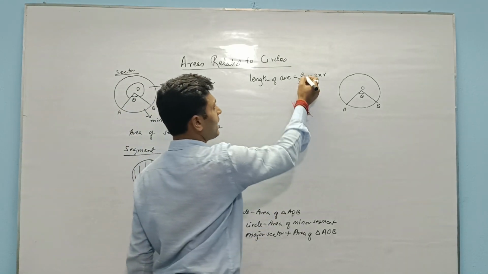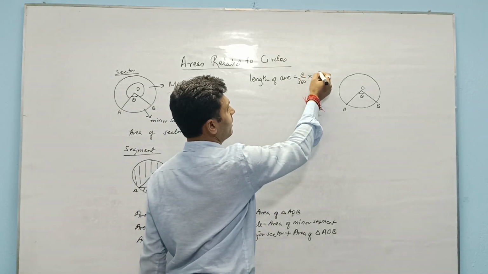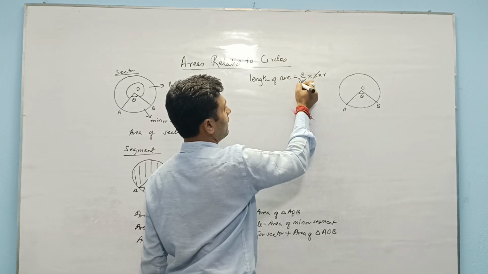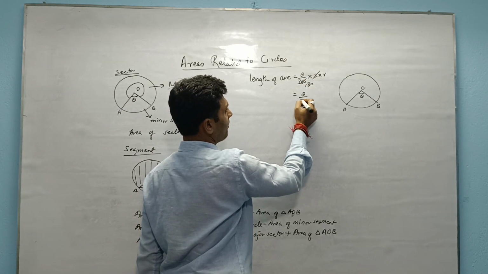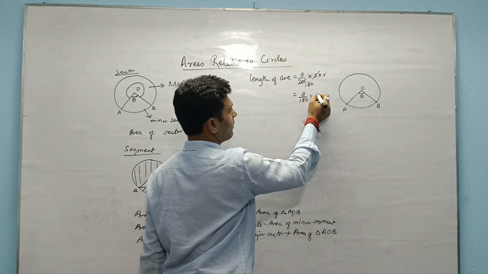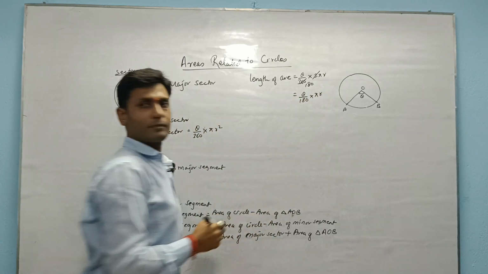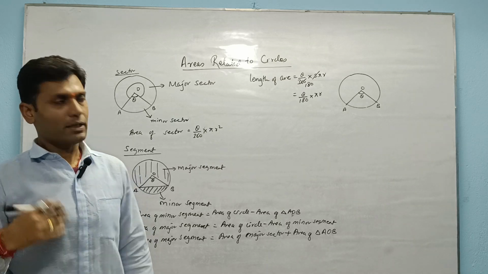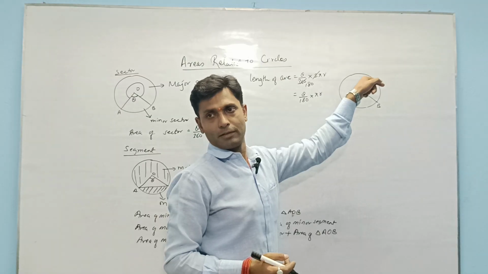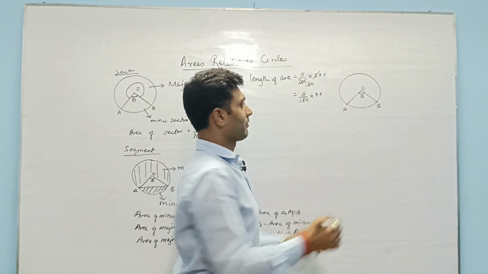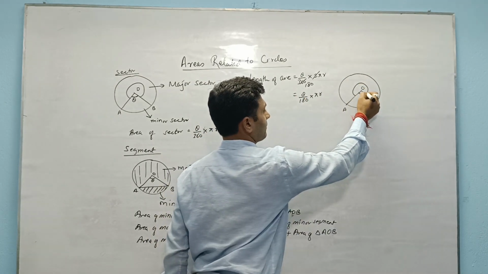So this is theta upon 360 into 2 pi r. We'll simplify this: 2 into 1, 2 into 180. So this will be theta by 180 into pi r. Clear? If you have to find the length of major arc, then you have to take the other theta.